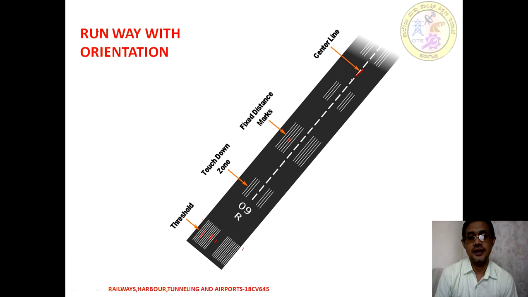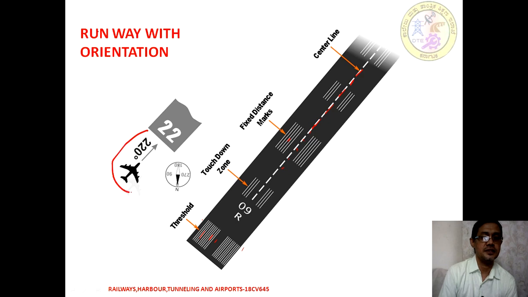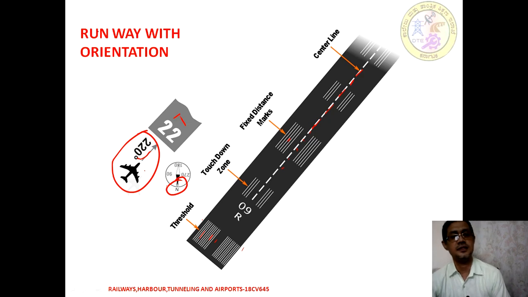These solid lines are called the runway center line, so that the nose gear is exactly on this center line, to avoid the aircraft sliding off the runway. As we said, it is magnetic north, in 10 degrees. The same thing we have shown: the number 22 indicates 220 degrees when measured with north. That is the runway orientation.